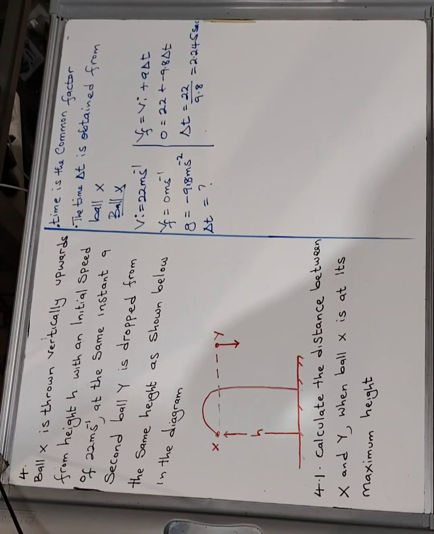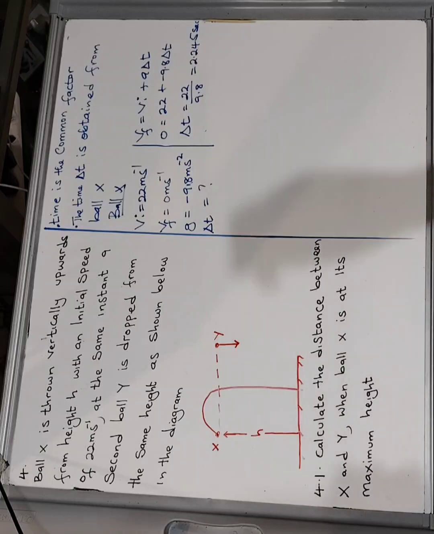Let me explain what this means. For ball X, we are going to calculate the maximum height, and we add it to the displacement covered by ball Y in that very time.